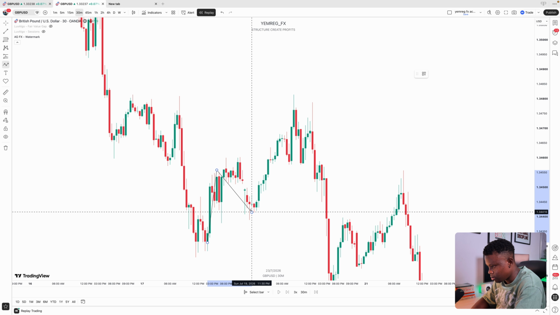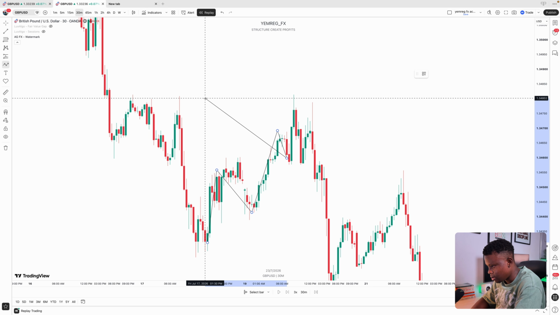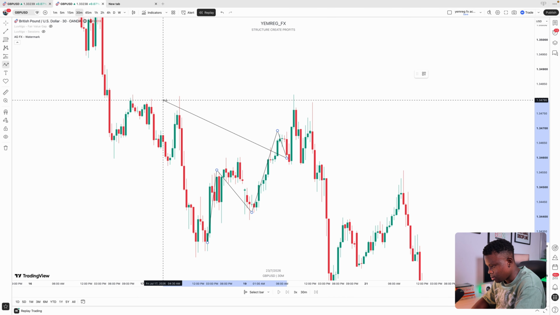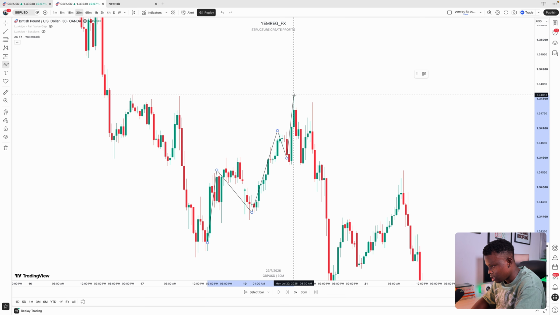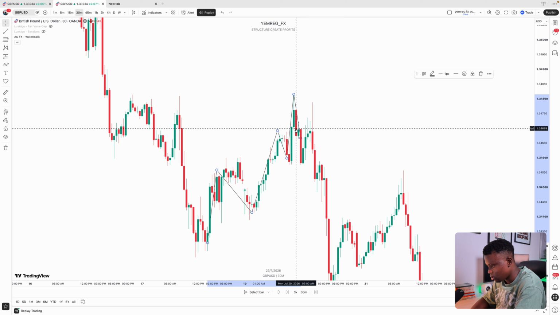This is the temporary pullback, as you can see. Price tapped into a particular point of interest here, then started moving to the downside. If you navigate closer to this place, is the internal. So there's a current structure here.